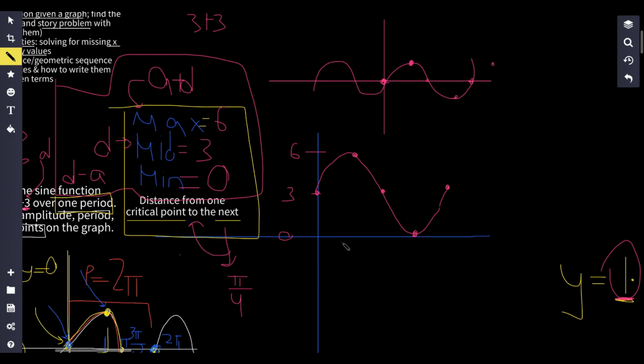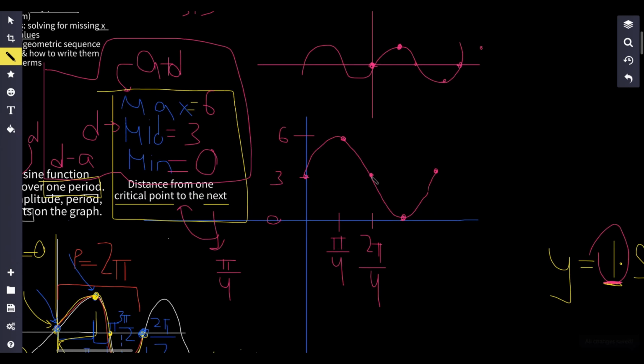And then for our x-axis, we just use our pi over 4. So this point right over here is just going to be pi over 4. The distance from this critical point to this critical point is also going to be pi over 4. So pi over 4 plus pi over 4 gives me 2 pi over 4. Now, if this distance right over here is also pi over 4, then 2 pi over 4 plus pi over 4 gives me 3 pi over 4.